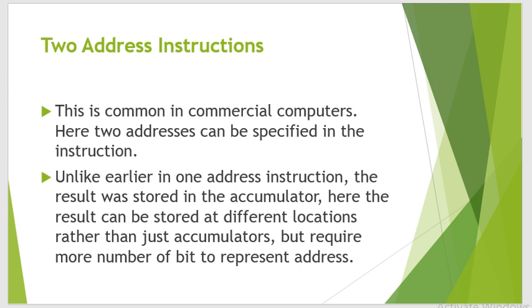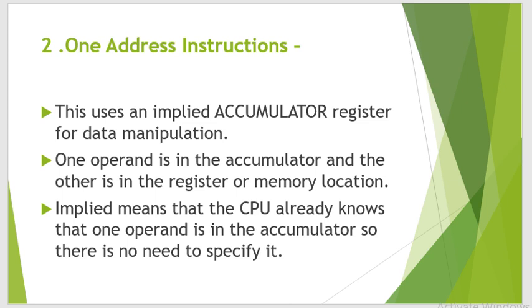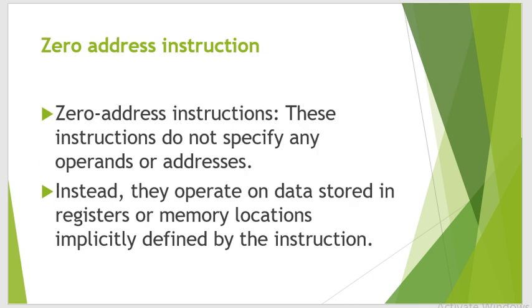Then the one address instruction has only one opcode field to be fetched. The remaining operands are taken from the accumulator only, so we use accumulator instructions like store and load.